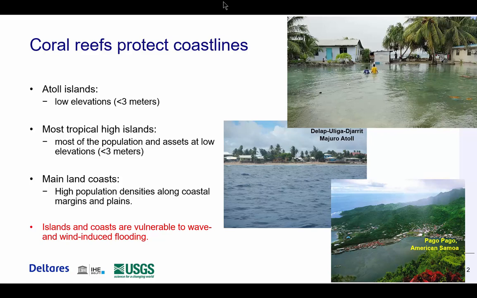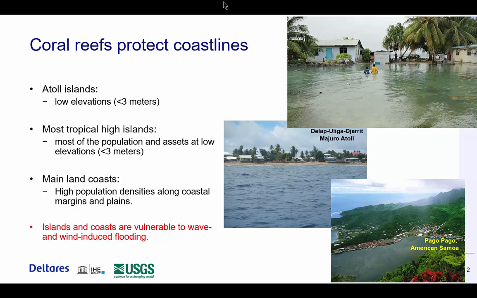Coral reefs help protect coastlines in tropical areas. They protect atoll islands, which are very low elevation islands where everybody lives less than 3 meters above mean sea level. They also protect most tropical high islands like Pago Pago in American Samoa, where most of the population lives below 3 meters because the rest of the island is too mountainous.